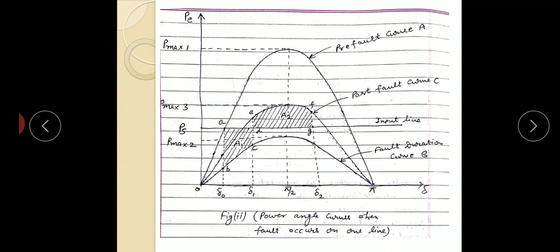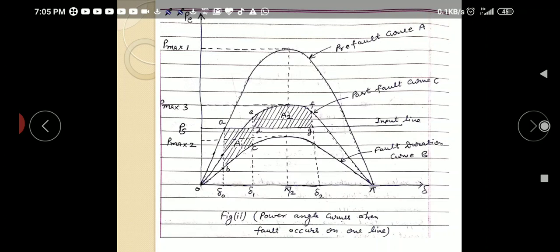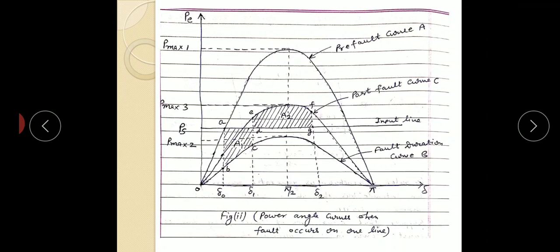Okay. So the conditions of operation are shown by three power angle curves A, B and C. Curve A is called the pre-fault curve. It represents the pre-fault condition when both the lines are in healthy condition. Curve B is called the fault duration curve.